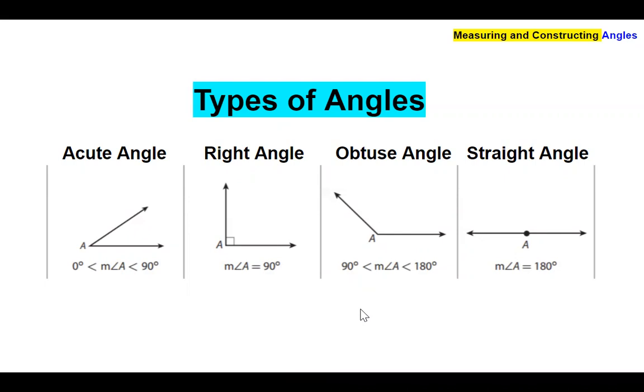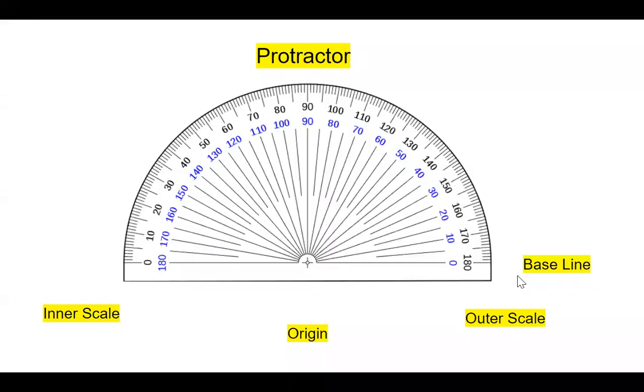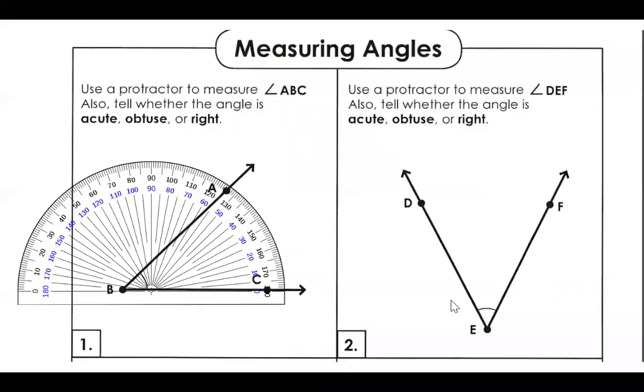Zero degrees, it would just be a ray. A ray. Yes, if not, you're fired because you need to tell me the measurement of the angle.